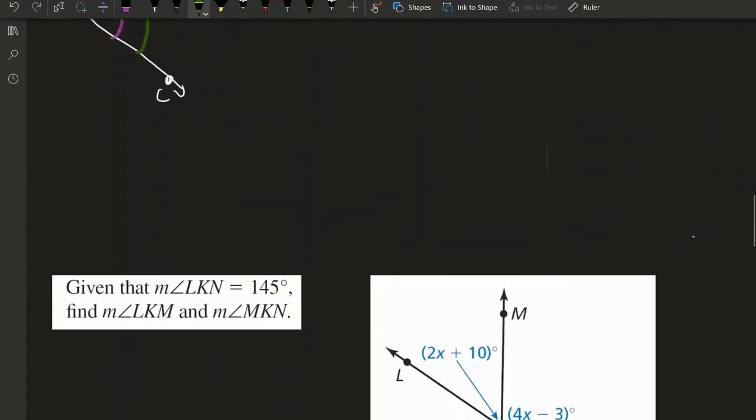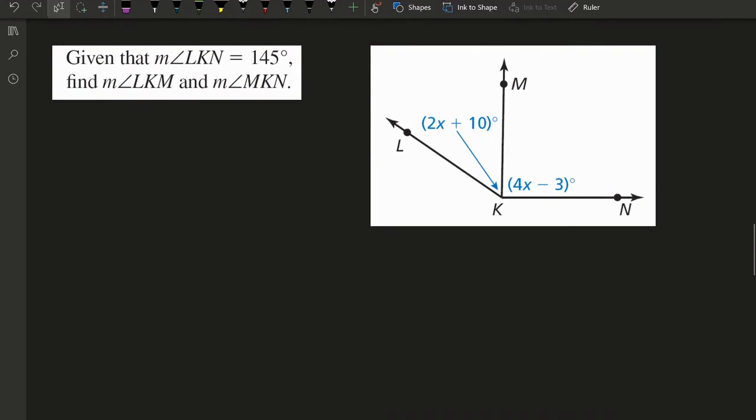Let's do an example. So given that the measurement of angle LKN is 145 degrees, find the measurements of angle LKM and the measurement of angle MKN.